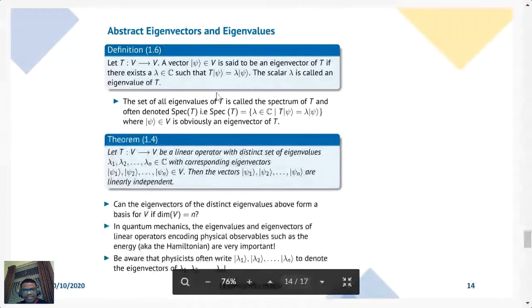The set of all eigenvalues of T is called the spectrum of T, and it's often denoted like this. In other words, lambda is an eigenvalue of T if there exists a vector in V that's an eigenvector of T with respect to lambda.